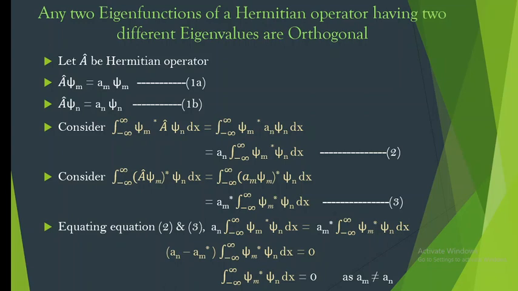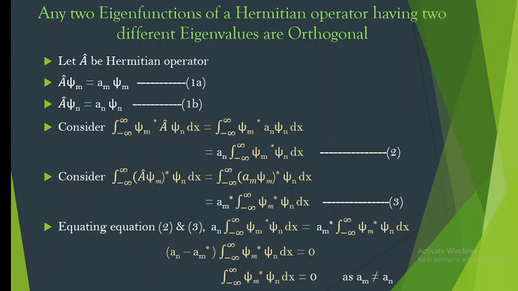Why? From the above equation we know that one of these two terms has to be equal to 0; only then is the equation valid. If we consider the first term, an minus am star, it can't be equal to 0. It would be equal to 0 only if an equals am, which is not true because we have already considered two different eigenvalues.